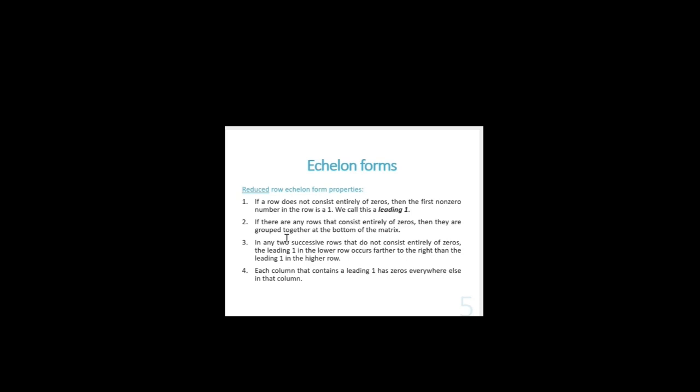If there are any rows that consist entirely of zeros, then we're going to put them down at the bottom. So if you have a whole row of zeros, they've got to be interchanged out and put at the bottom of your matrix.